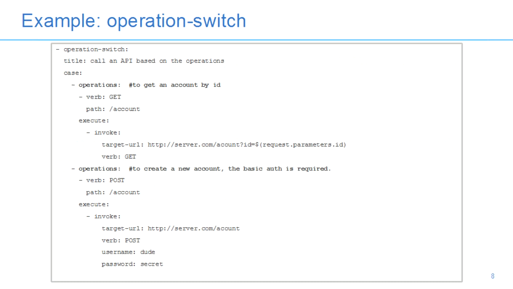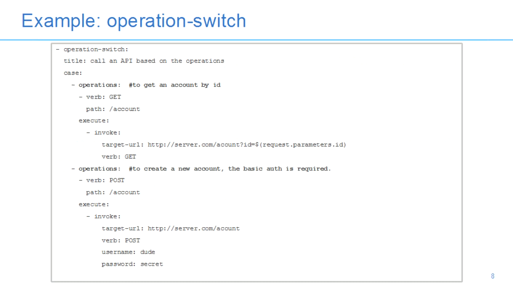Or you can match on a post, and then invoke something else, in case you're either reading or writing to that account. Imagine on a broader scope that you have a bigger flow for the entire API, your accounts API in this case, where you might have a bunch of common things, for example audit activity log, redaction, validation, or a few other things that you want to do for all operations.